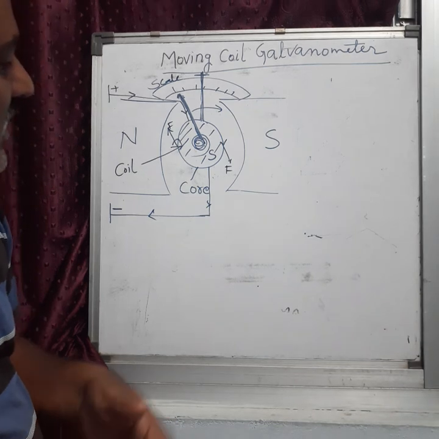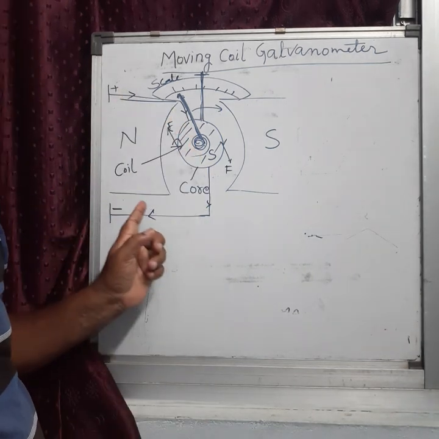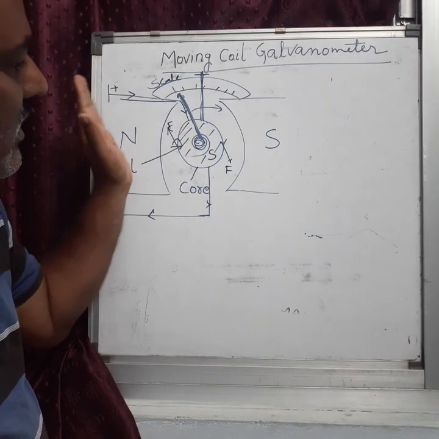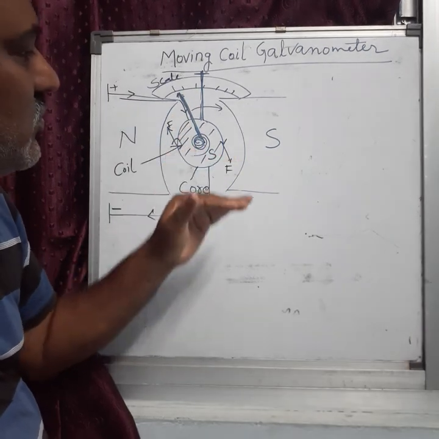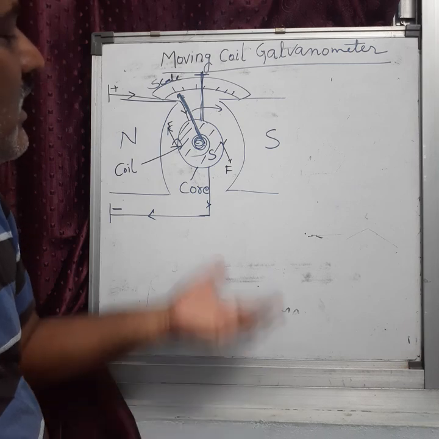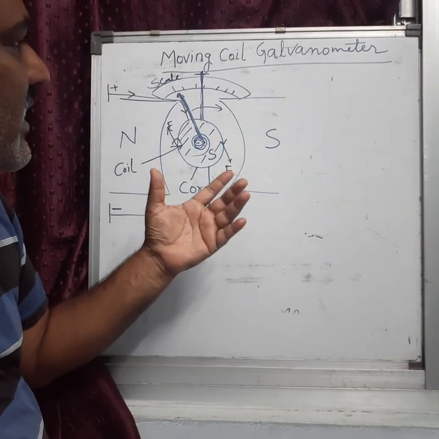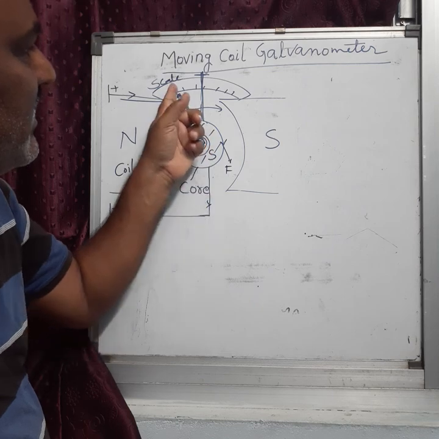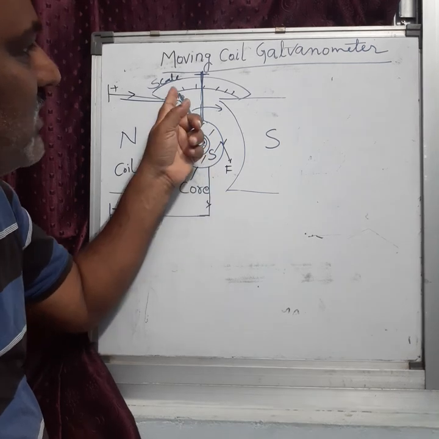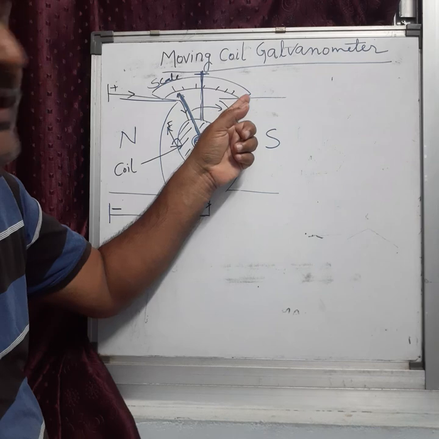Now see, when current is given to this coil, the current produces equal and opposite forces, that is torque, in the coil. The coil tends to rotate, and when the coil rotates, the indicator attached with this spring also moves in this direction.